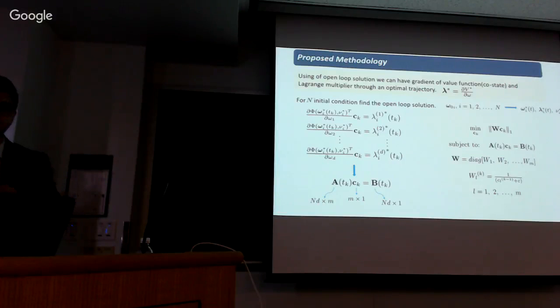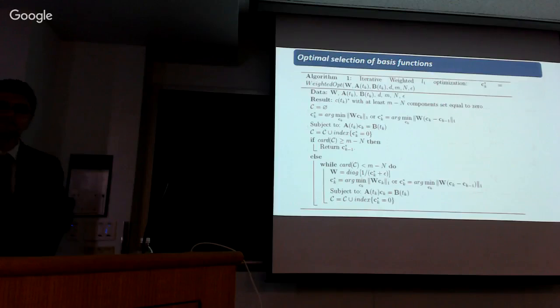And if the value of this coefficient in the previous iteration was small, the weight will be very large in the next iteration, and the optimizer tries to minimize, to make these coefficients 0. This is the algorithm that I have used for finding the best basis functions and for making unknown coefficients 0.